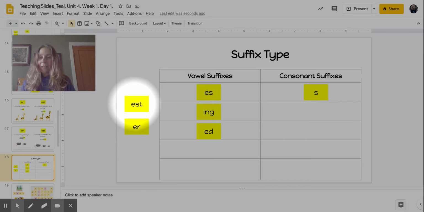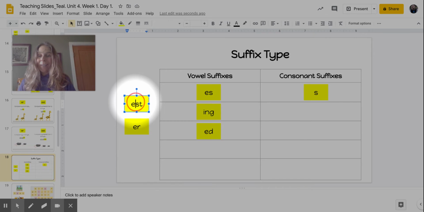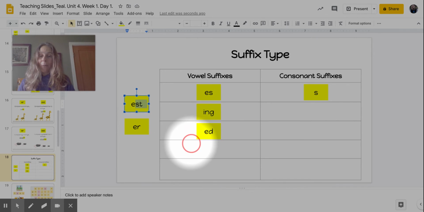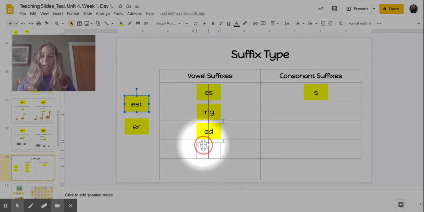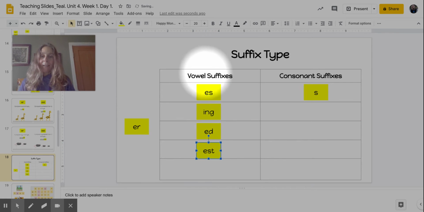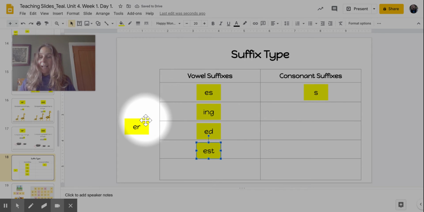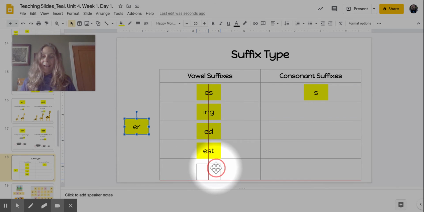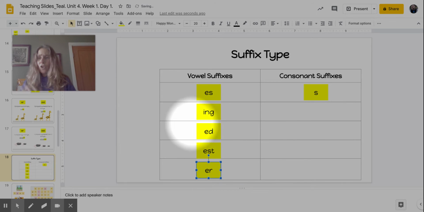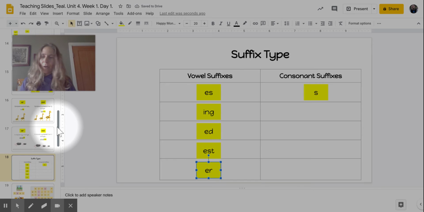What does it start with? It starts with a vowel, so it's definitely a vowel suffix. Let me see if I can move it. There we go. And put it in our vowel suffix section. Now let's take a look at -er, E-R. So I've got a vowel to begin my suffix, so it's also a vowel suffix. Don't worry, we'll get to some more consonant suffixes later on in the year.